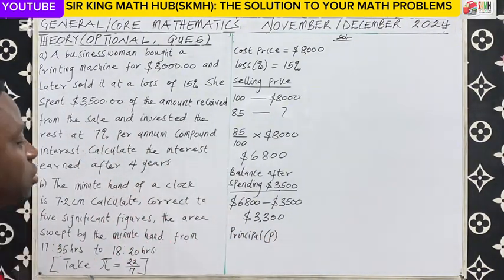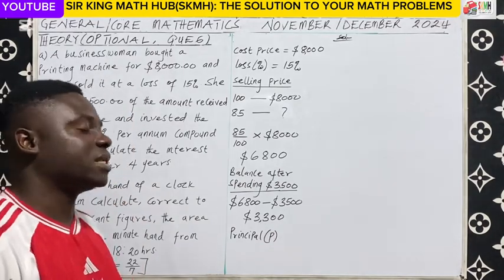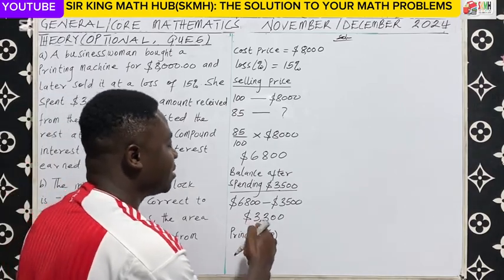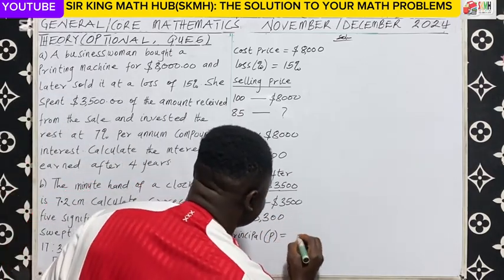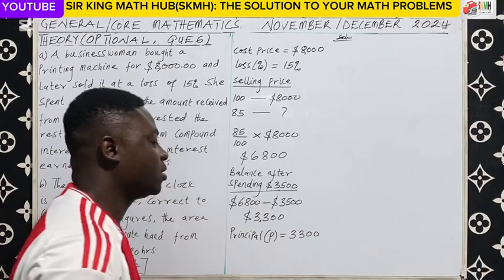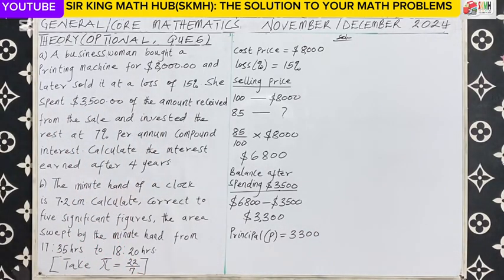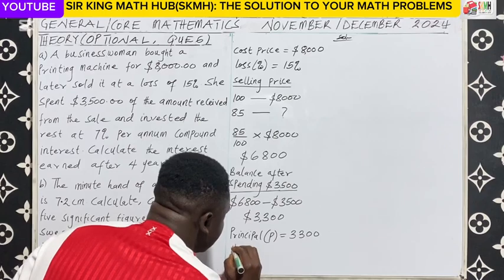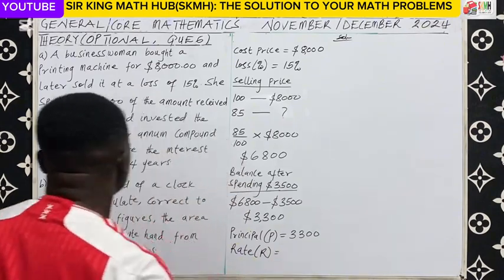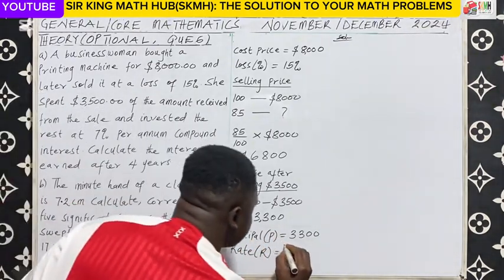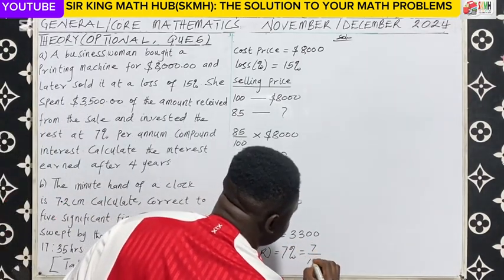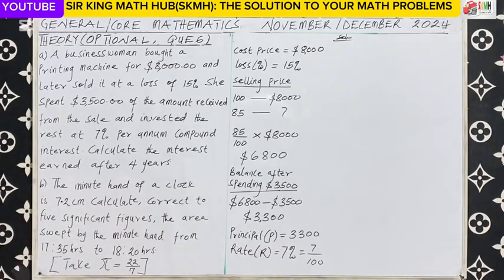We know that the amount we invest is our principal. And we know that she invested $3,300. So that is our principal. What is the rate? So at a rate of 7%. Then 7% is also written as 7 out of 100. So that is the rate.